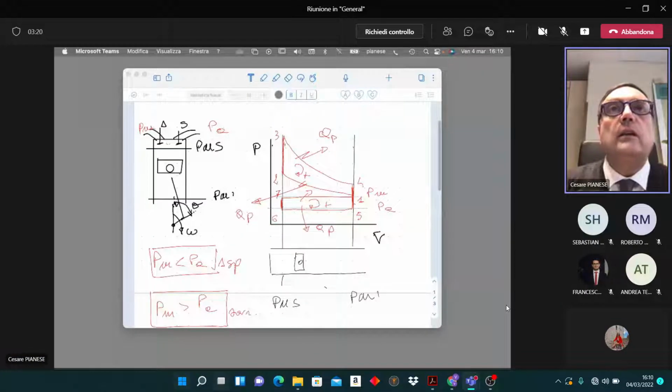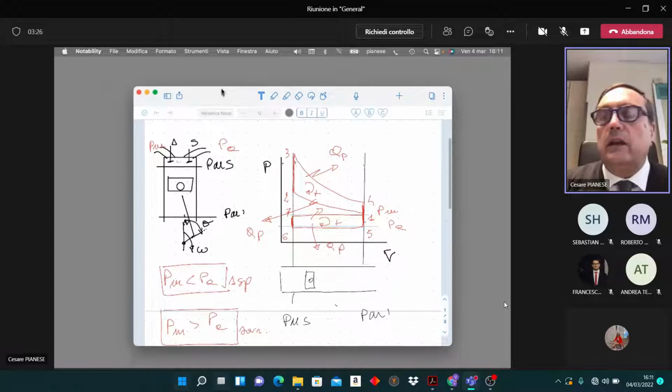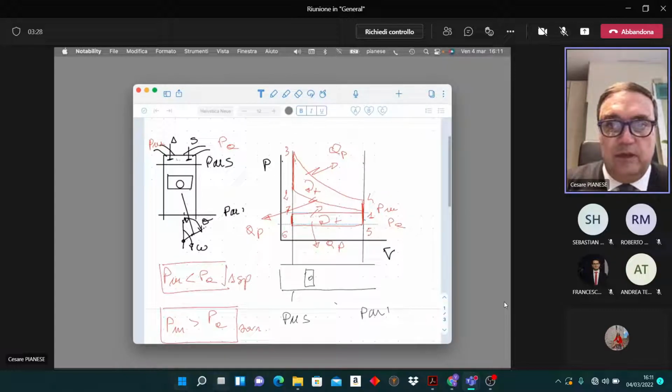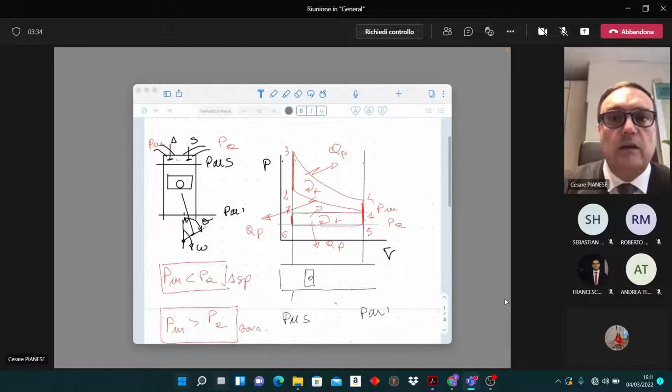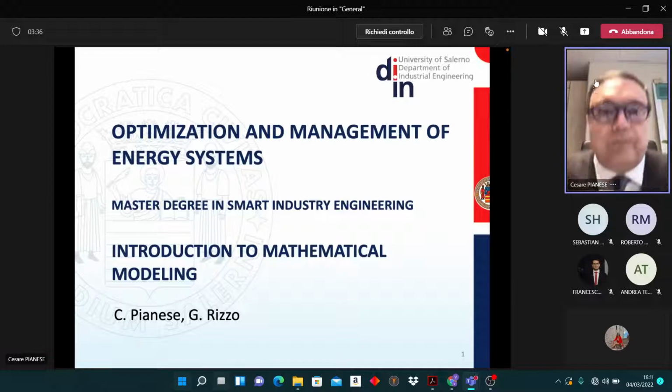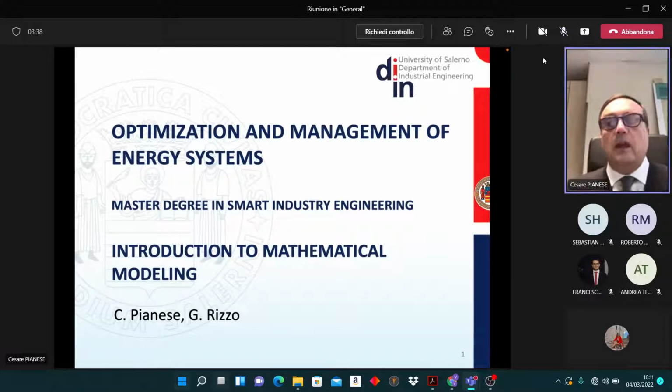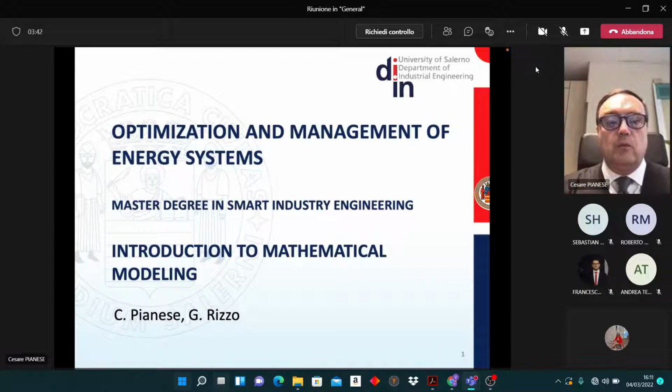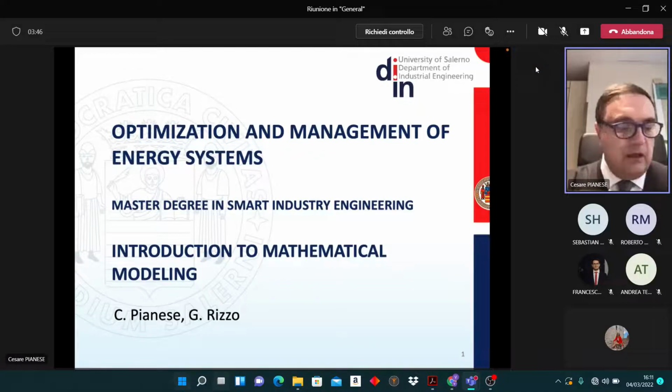So now you see the internal combustion engine. Okay, and now you should see the slides. Here we go. Okay, so we have 2 hours and 15 minutes.